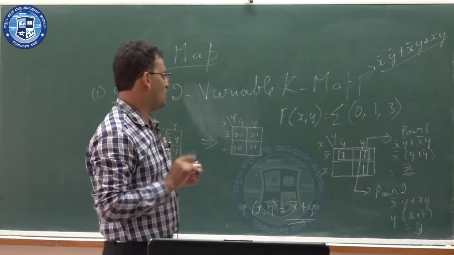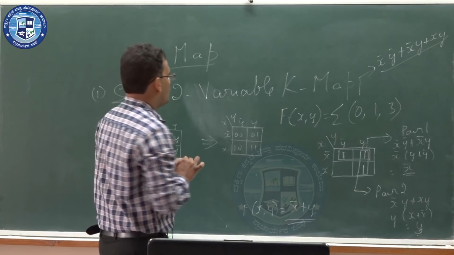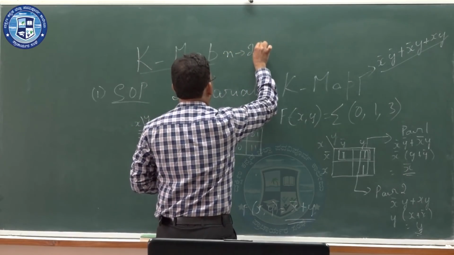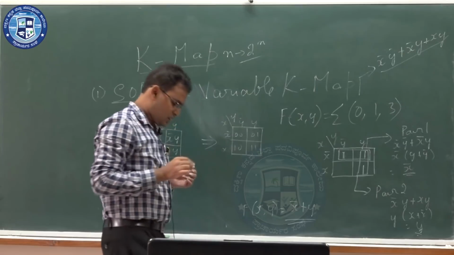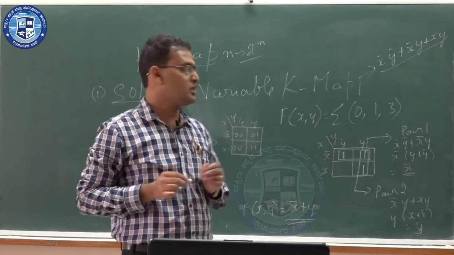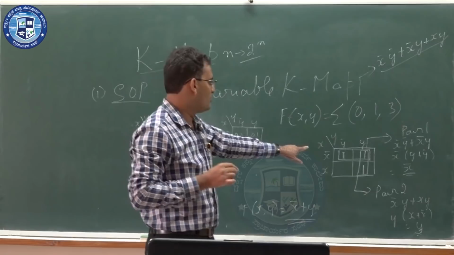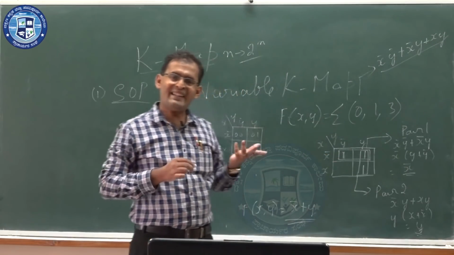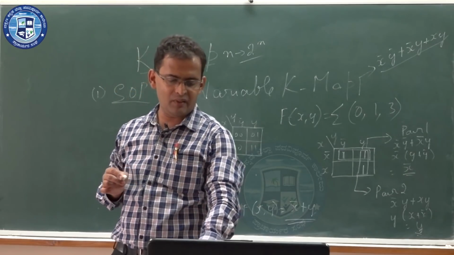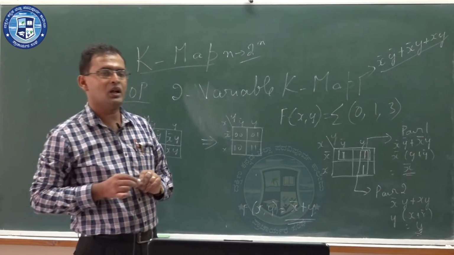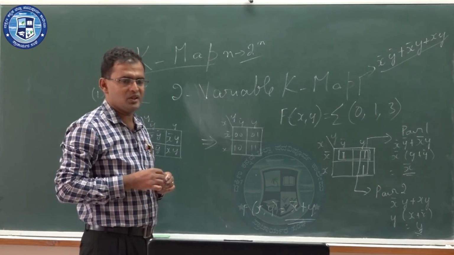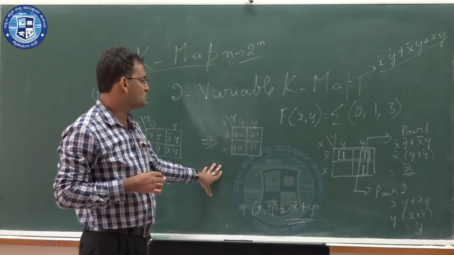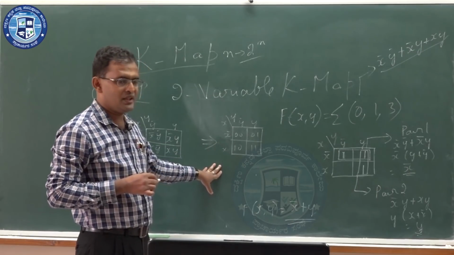We need to remember one thing: for an n variable K-map there are 2 to the power of n possible outcomes. So, for a two variable K-map, 4 possible combinations. Next, when I go to a 3 variable K-map, I will have 8 possible combinations. So, this is a 2 variable K-map. I will next go to a 3 variable K-map.